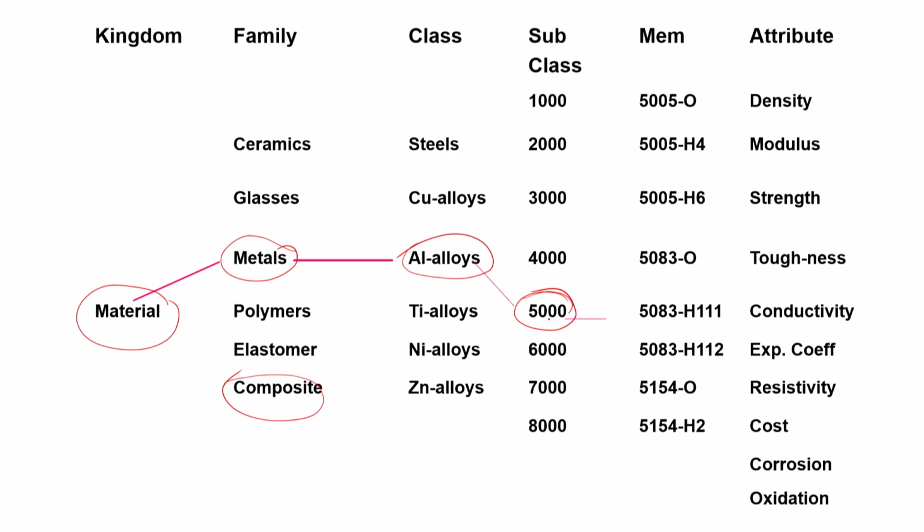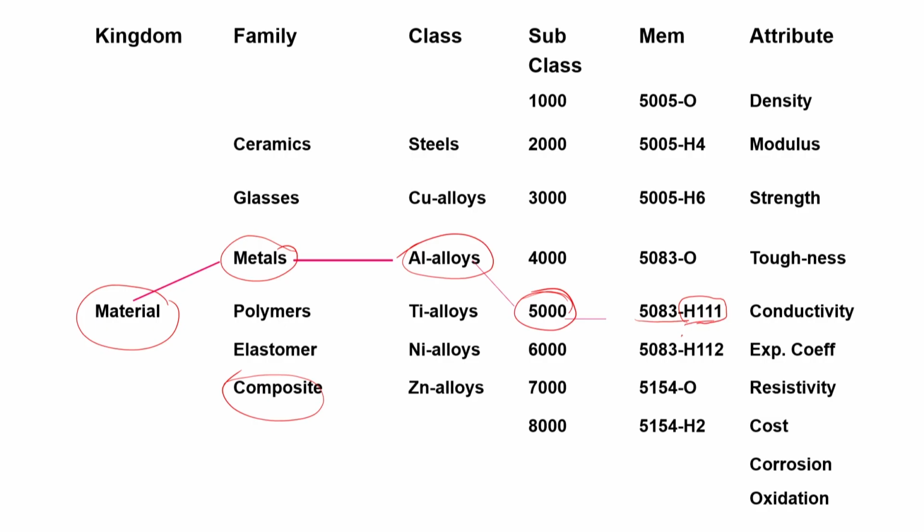Now, 5000 series does not end there. 5000 series has many varieties, but we will go for typically 5083 series, which also is to be strain hardened. So, strain hardening itself, you can see 5083 has many varieties, but the best variety of strain hardening is H111.